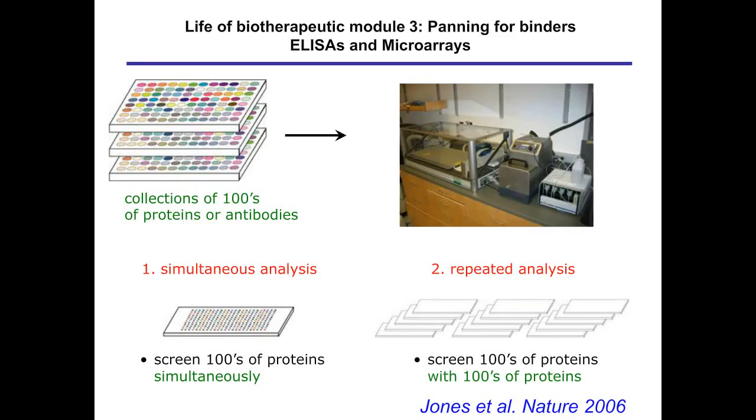So in phase 3, I've talked a bit about the panning for binders. In an earlier publication as a postdoc, I wished to uncover the connectivity of proteins and signaling networks. Through this exercise, we cloned and expressed hundreds of SH2 domains.